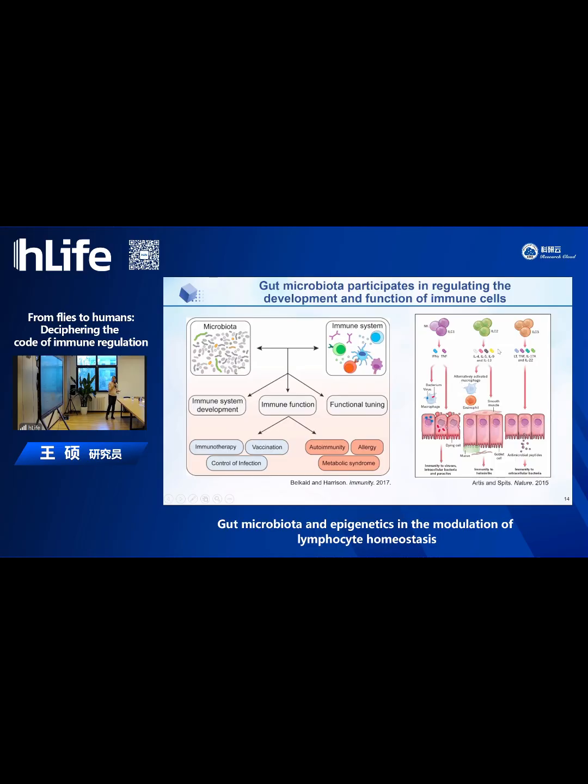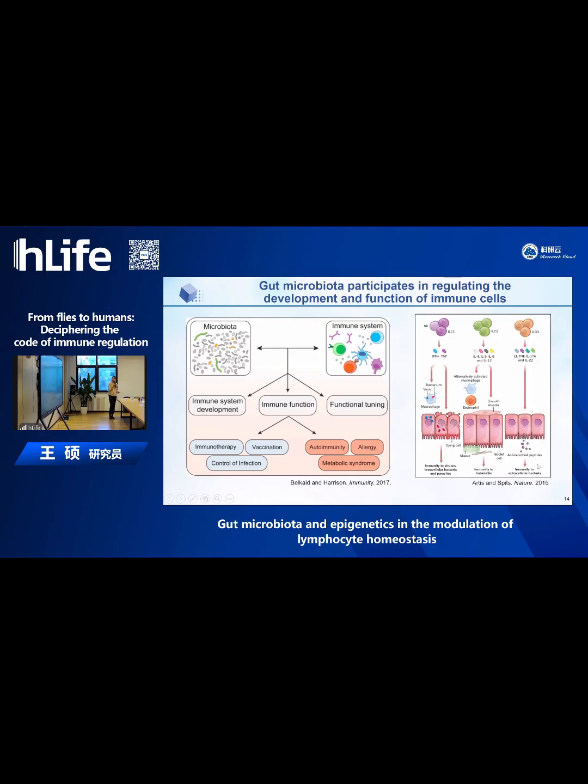There are three types of ILC, innate lymphocytes, and they have different functions. ILC1 can produce interferon gamma and eliminate intracellular bacteria, and ILC2 mimics the function of Th2 and contributes to the type 2 immune response. ILC3 contributes to the production of antibiotic peptides and also to extracellular bacterial elimination.